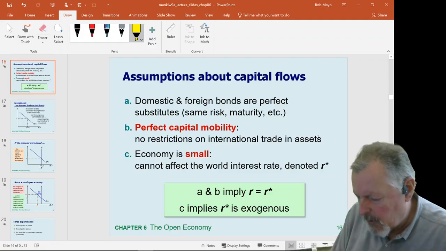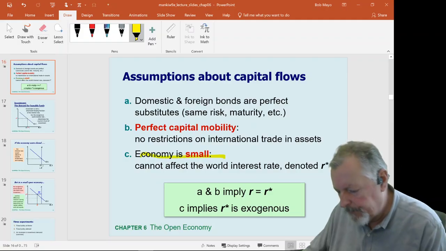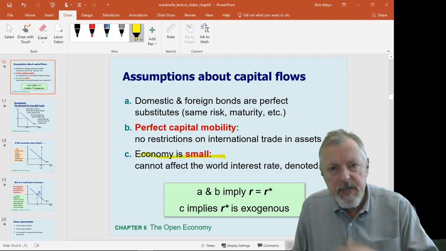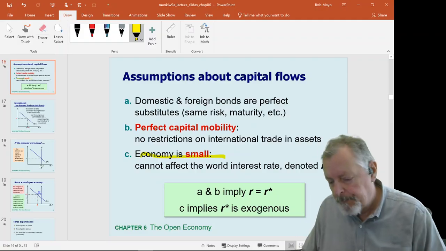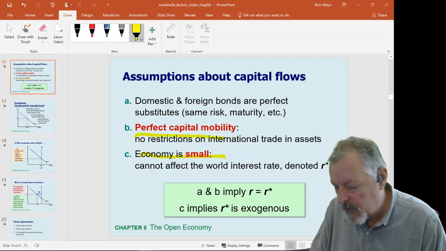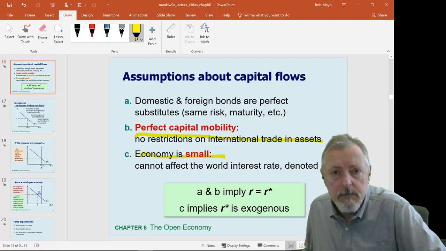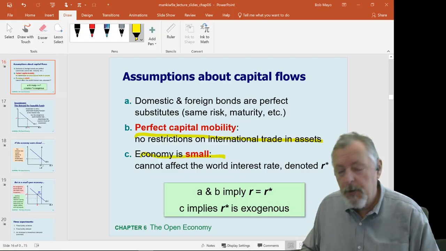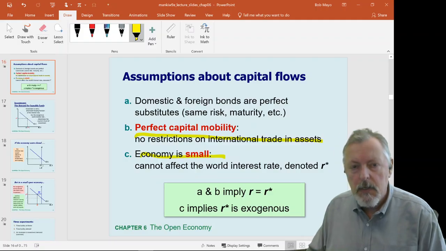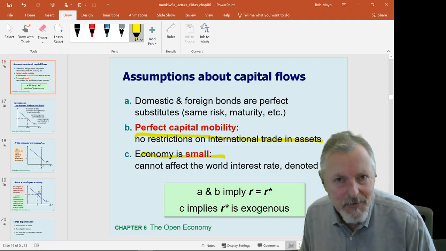A couple more assumptions. We talked about the economy being small. We're also assuming the open part of open small. Open means there are no restrictions on the movement of goods, services, capital. Perfect capital mobility in particular. You're allowed to take your money out of the country if you want.